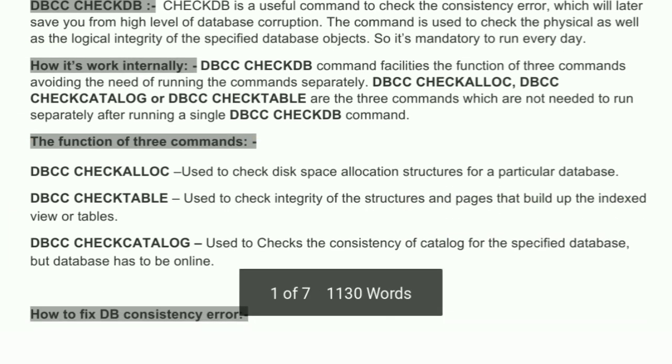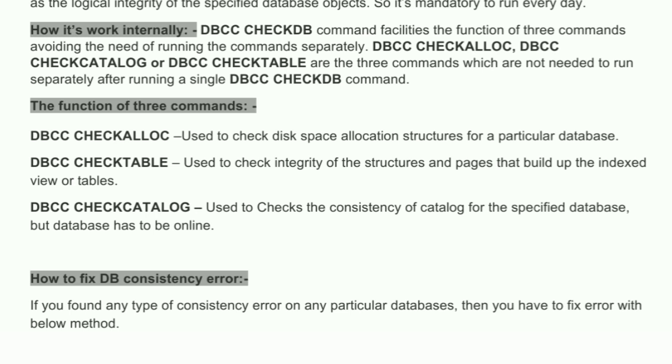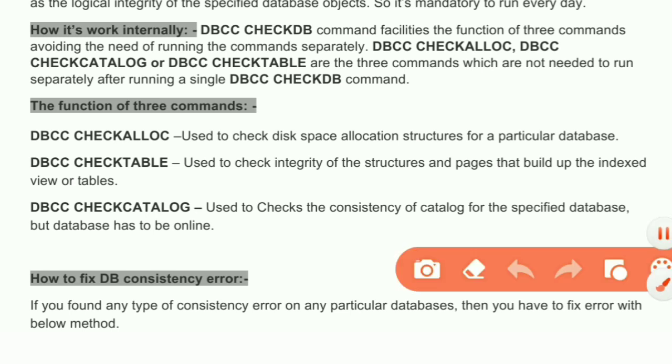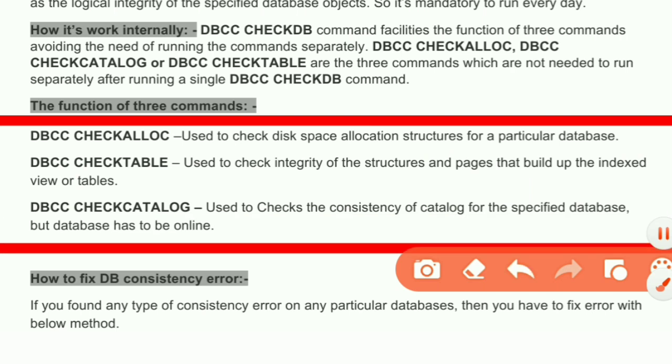So now the point is, what is the use of these three commands, right? If you focus on this line, each command has its own functionality. As I said above, DBCC CHECKDB is checking the physical level or logical level of the database consistency.